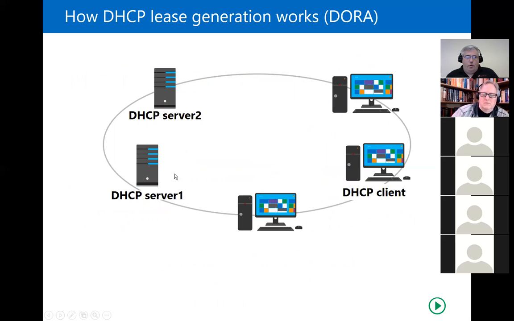You can also have more than one DHCP server, and they'll talk to each other and share the configuration between them. And that way they can serve more people at once without getting overloaded.